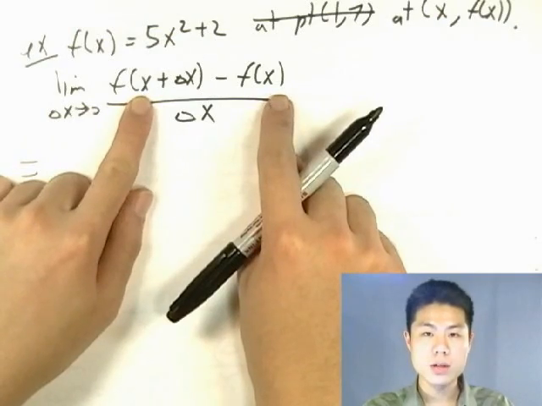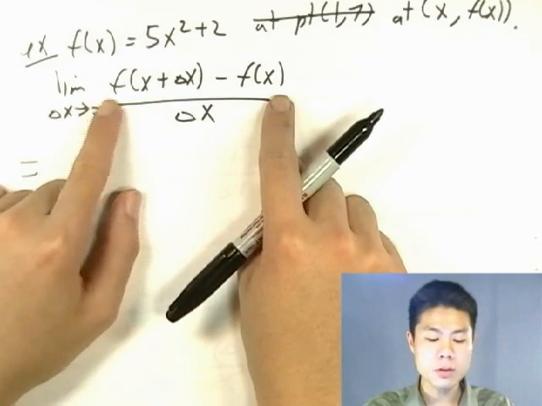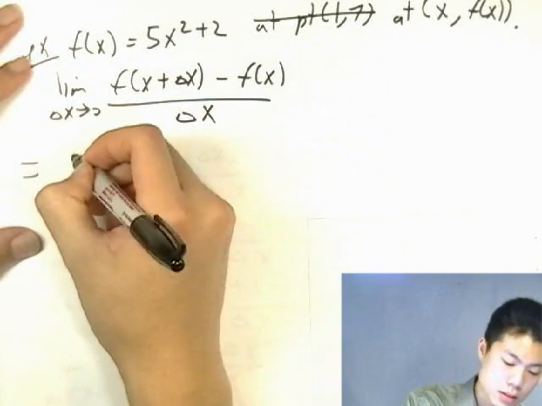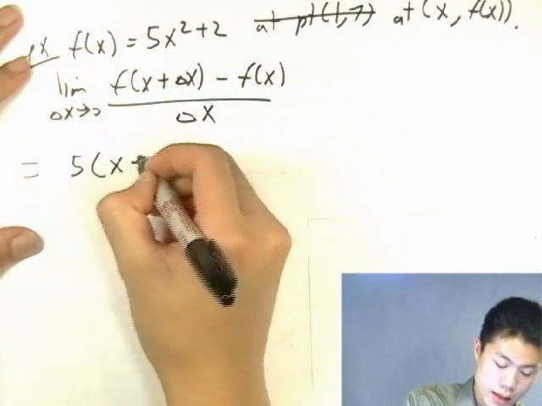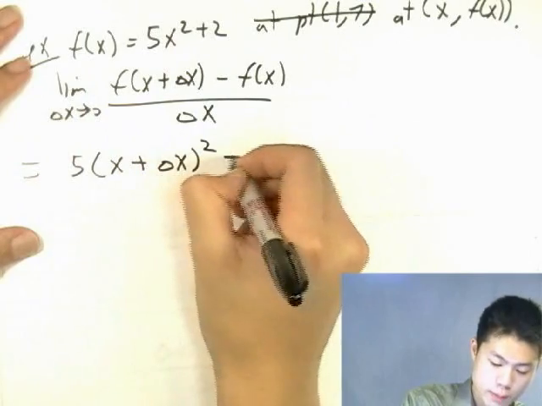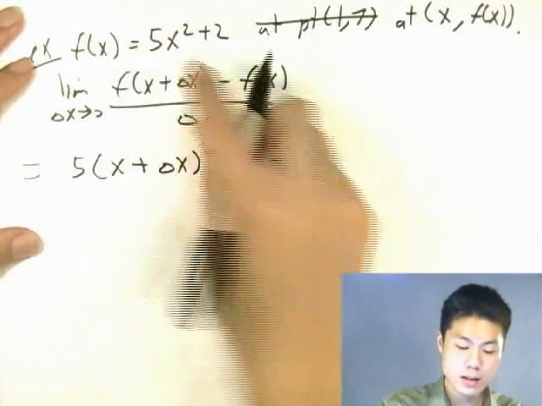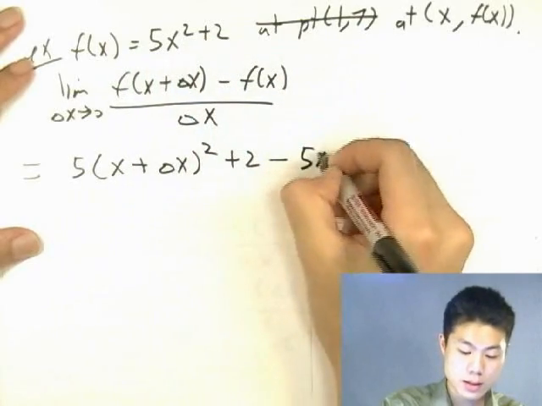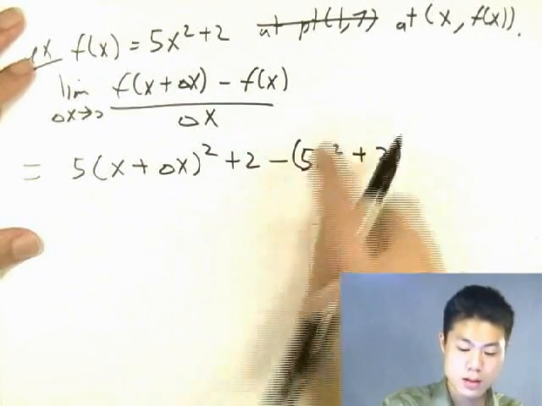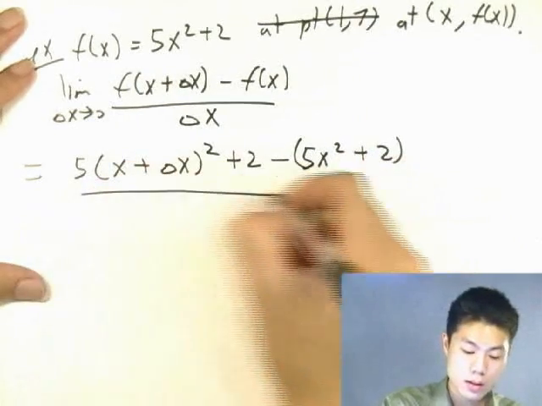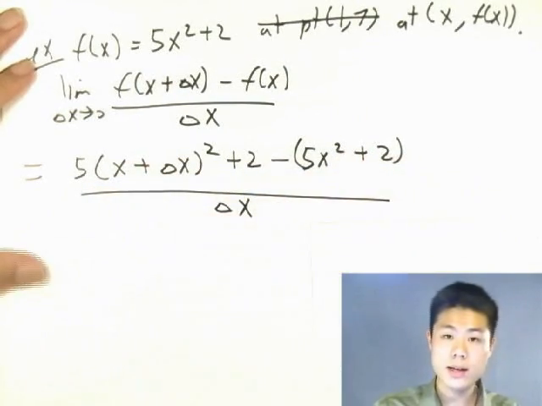I'm going to replace this function notation with the actual function, so it's going to be x plus delta x squared plus 2. And here I'm just going to write in minus 5 times x squared plus 2 all over delta x.